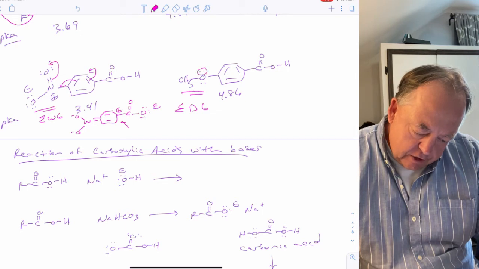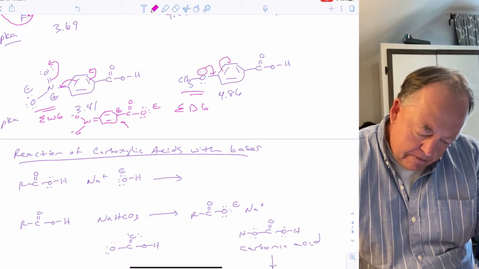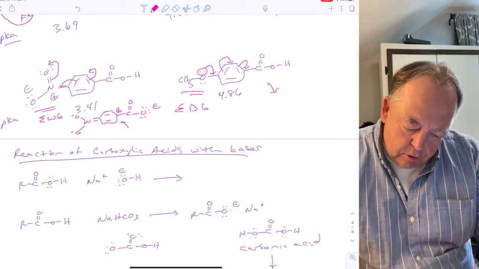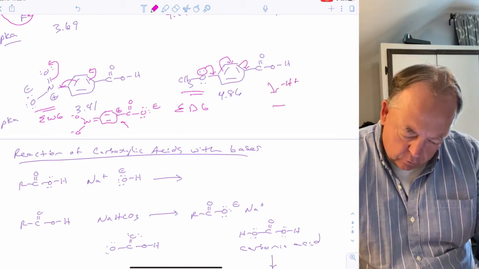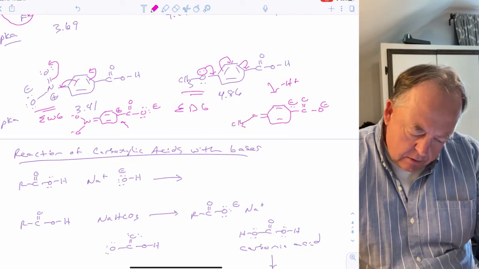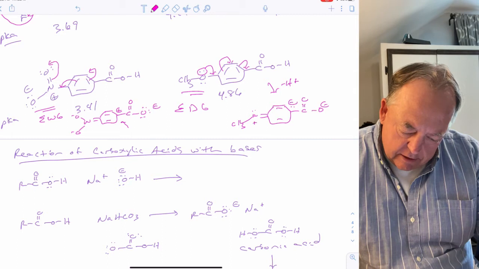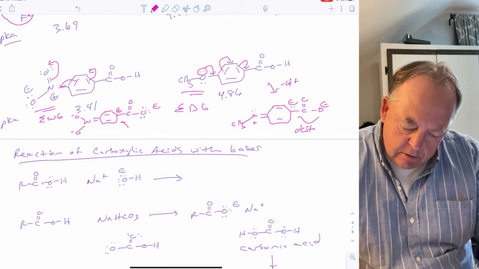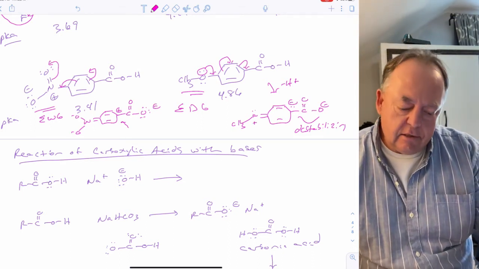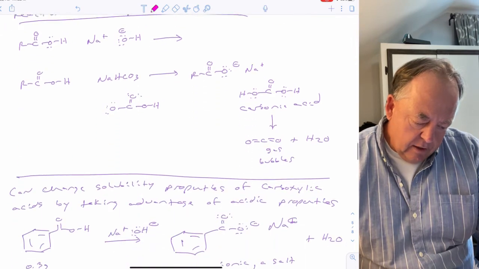Whereas the methoxy group is electron donating, so you could put a negative charge, so then if we lose the proton and consider that resonance form, if we put a negative there, then that would destabilize the negative on the carboxylate, so that would make it harder to form, so the acid is less acidic.